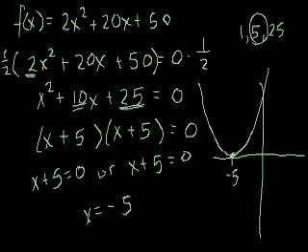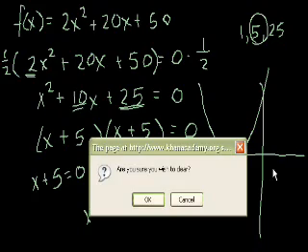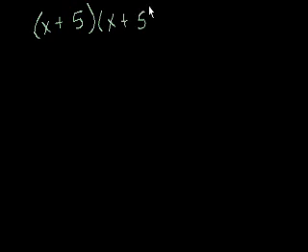And now as an exercise, just to prove to you that I'm not teaching you incorrectly, let's multiply x plus 5 times x plus 5 just to show you that it equals what it should equal.